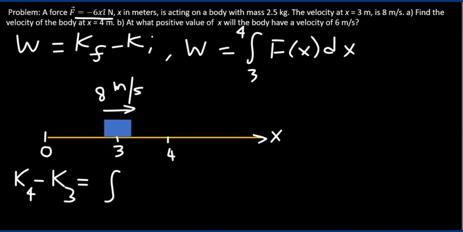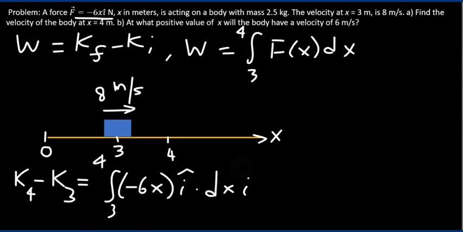So let's put the force in. The limits are 3 and 4. The force is minus 6x i hat. Note that when you dot it into displacement, dx i hat, you get pretty much that result. So you get the integral from 3 to 4 of minus 6x dx.